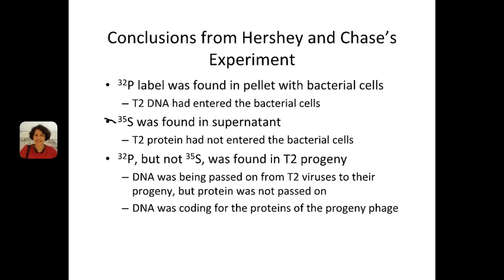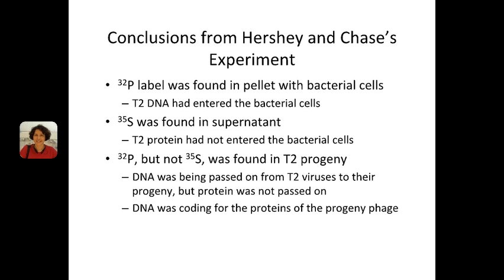Result: the S35 was found in the supernatant. Conclusion: the T2 protein, the protein part, had not entered the bacterial cells. In other words, the protein capsids never entered the bacterial cells. When a virus infects a bacterial cell, or at least the T2 virus, it injects its DNA into the bacterial cells, but the capsid just stays outside.